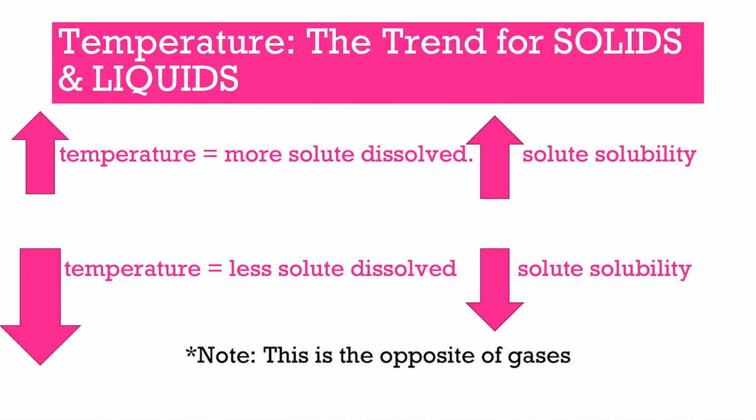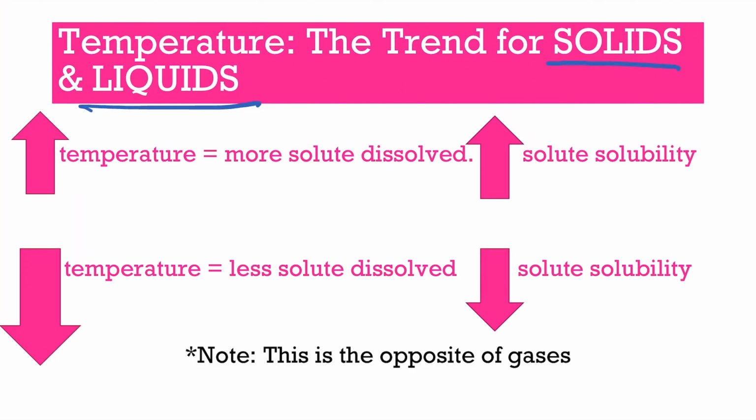So, to answer your questions, temperature for liquids and solids, again, gases is different. For liquids and solids, if you increase the temperature, more stuff can be dissolved, so the solubility increases.